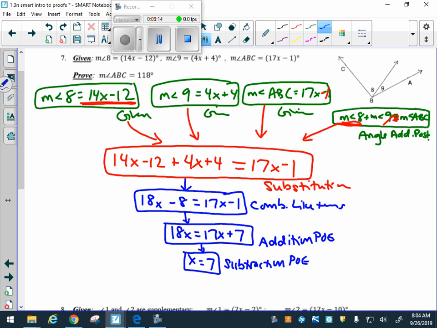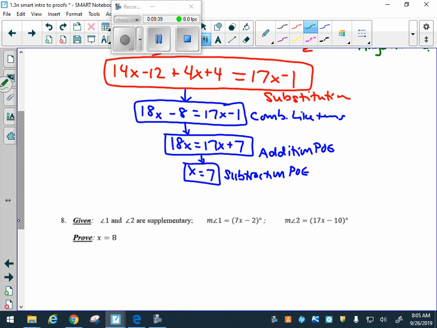Okay, am I done? No. Why am I not done? Exactly. We haven't quite proven what we're trying to prove yet. How am I going to prove measure of angle ABC equals 118? Substitute it in, right. Okay, so watch how we're going to do this.